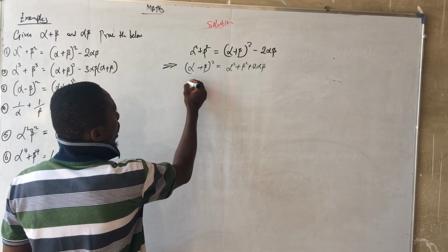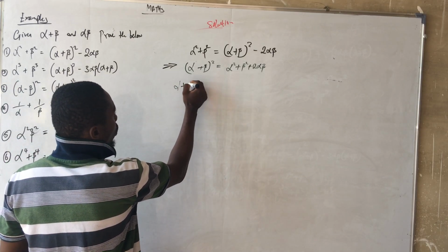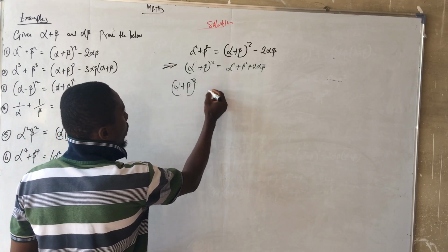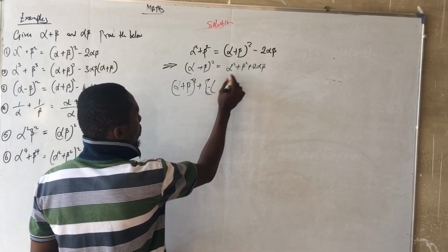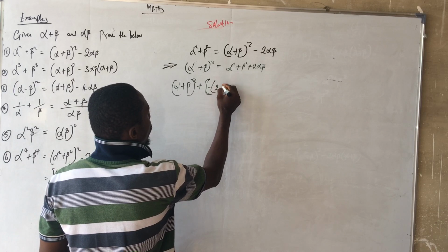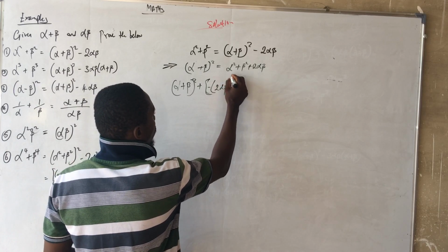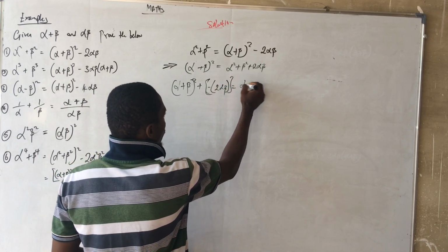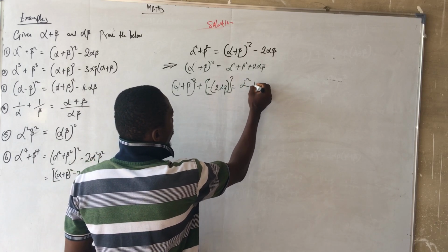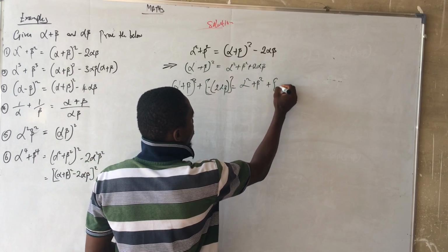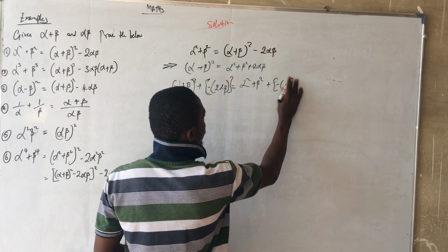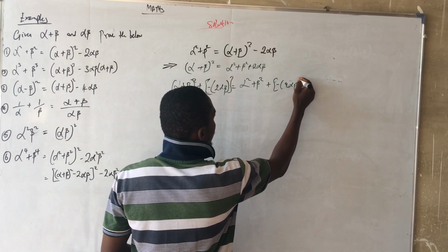So now what I have here is alpha plus beta all squared plus negative 2 alpha beta is equal to alpha square plus beta square plus negative 2 alpha beta.